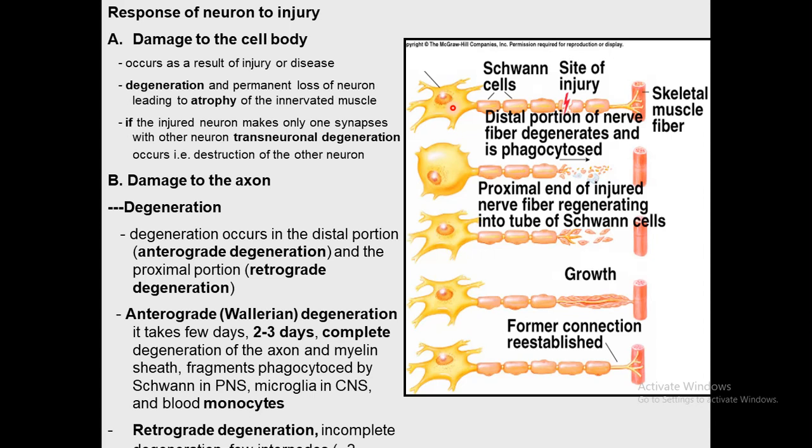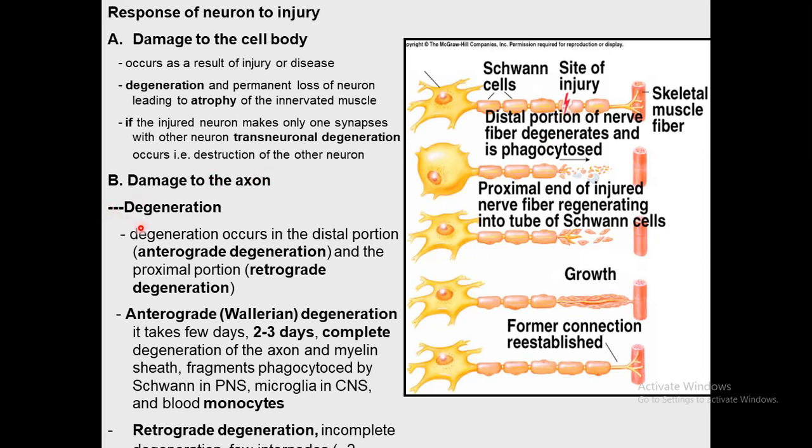The other situation is if the damage was at the axon, let's say at this location. Initially, this damage will cause a degeneration which takes place for 2 to 3 weeks, and then a regeneration takes place after the third week.